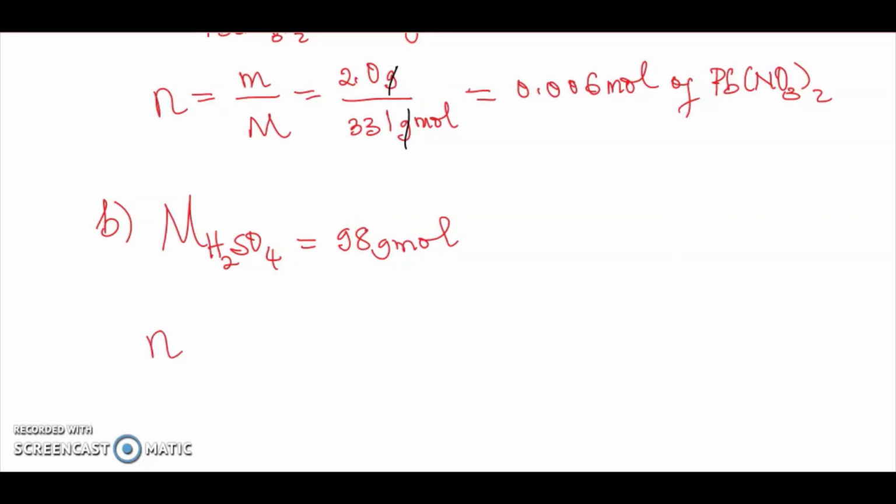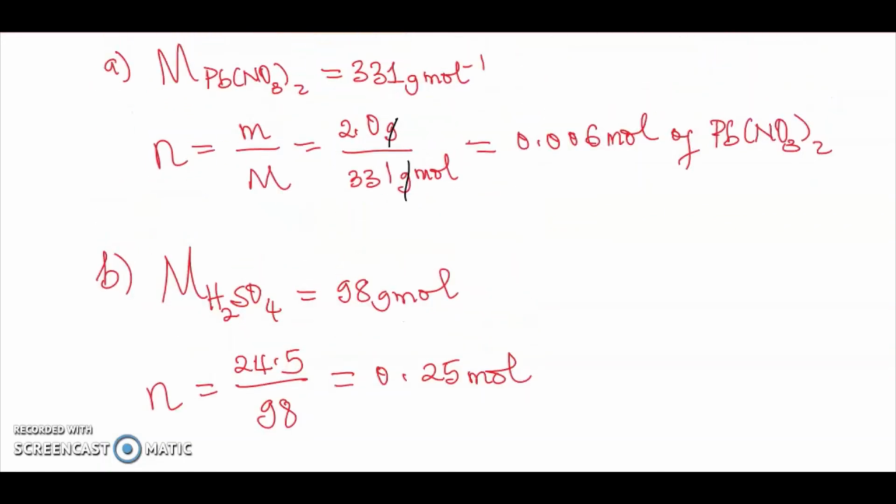So number of moles, we were given the mass in the question, 24.5. So number of mole is given mass divided by molar mass, 24.5 divided by 98. What do we have? 0.25 mole. As simple as that. Let's look at the last question.